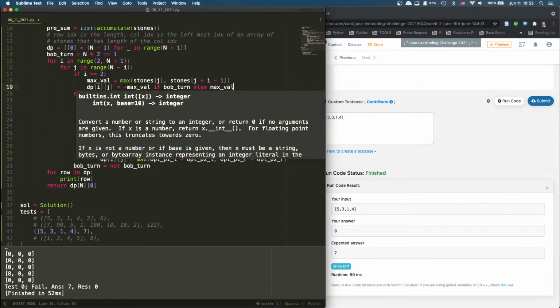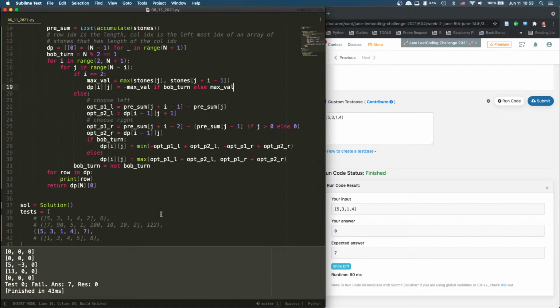Damn. All right. Still not right, but we get something. So let's see. We have 1, 2, 3, 4, 4. So it's an even number. So it's Alice's turn, right? Even number, so it's Alice's turn.